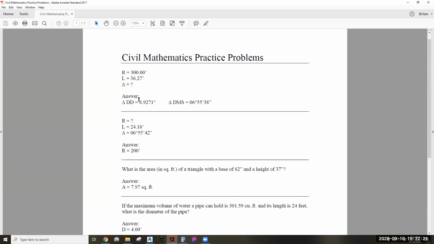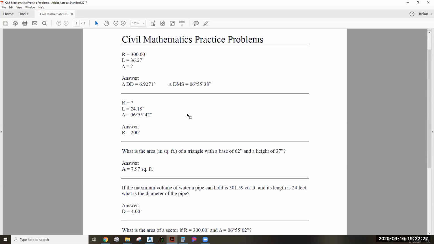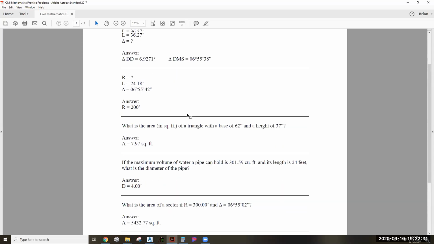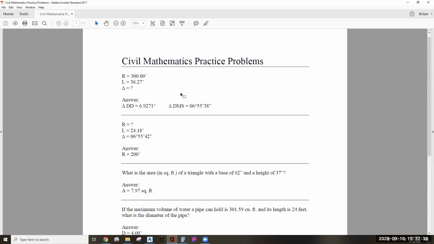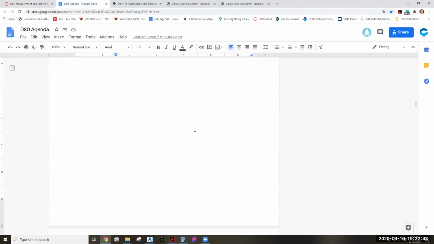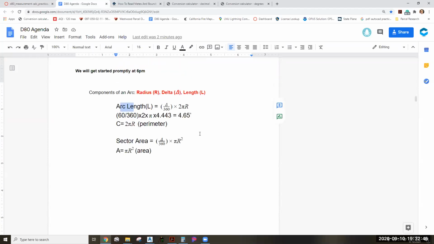Using that equation, you find your decimal degrees and you should be able to convert it to degrees, minutes, seconds, and so forth and so on. If you have no problems with this, you'll do just fine on upcoming quizzes. What else? I think that's it. Any questions?